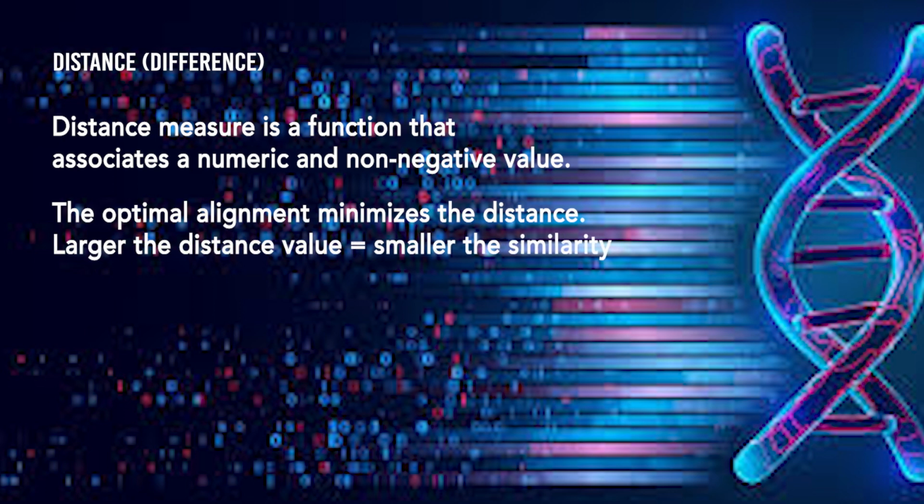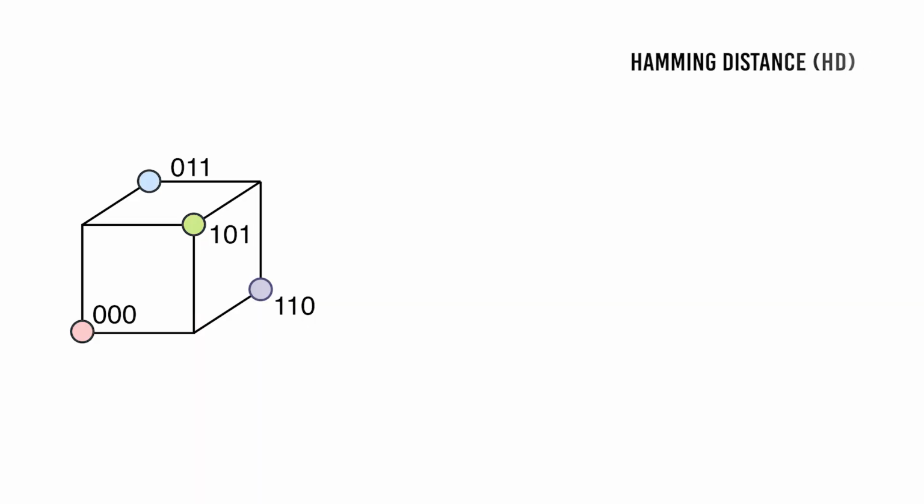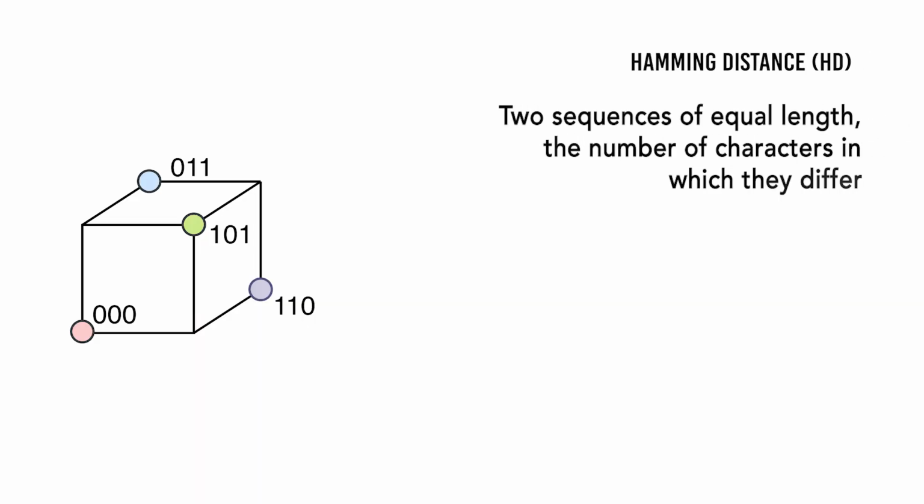The optimal alignment minimizes the distance; the larger the distance value, the smaller the similarity. Distance can be measured by two methods, one is called Hamming distance, the other is called Levenshtein distance. The Hamming distance is defined for two sequences of equal length as the number of characters in which they differ.